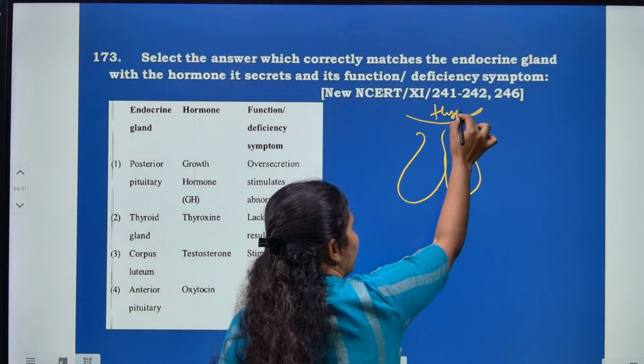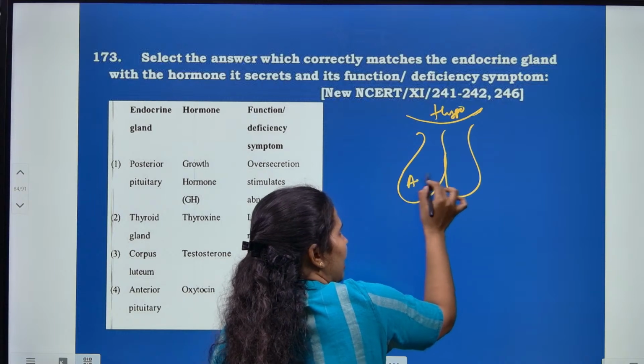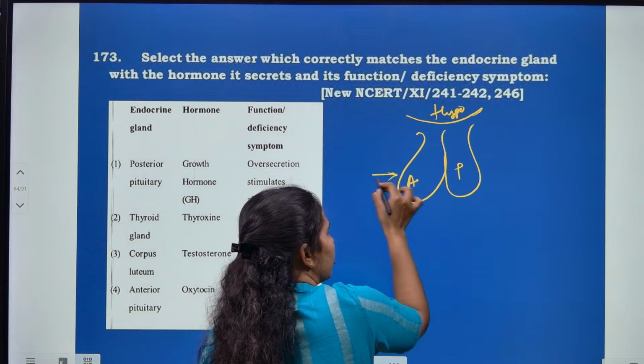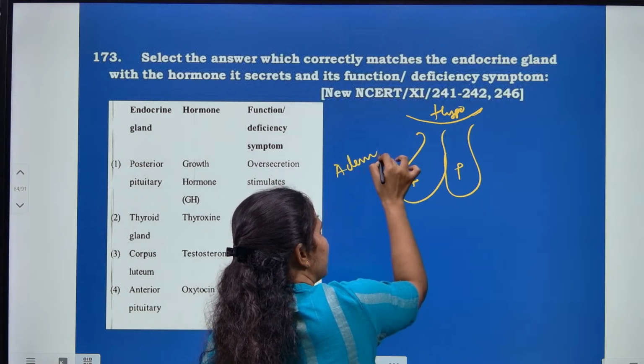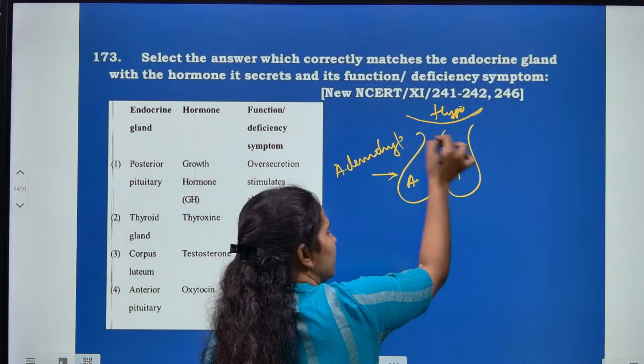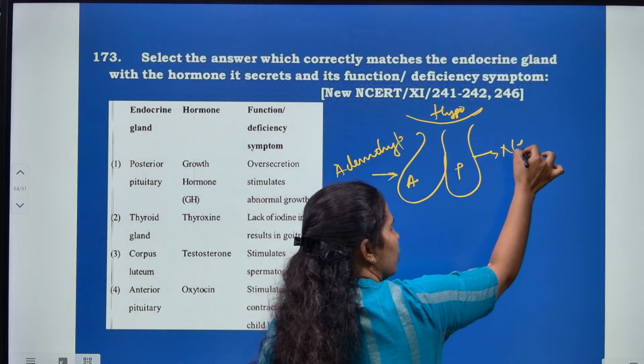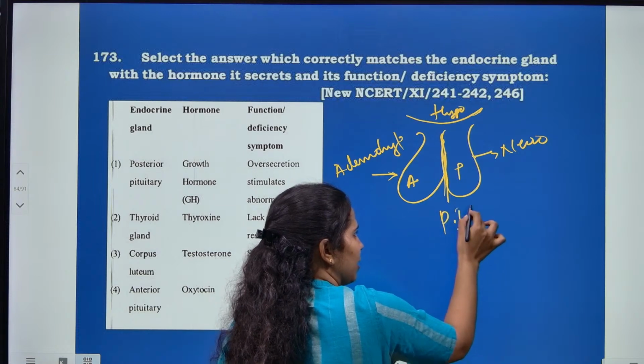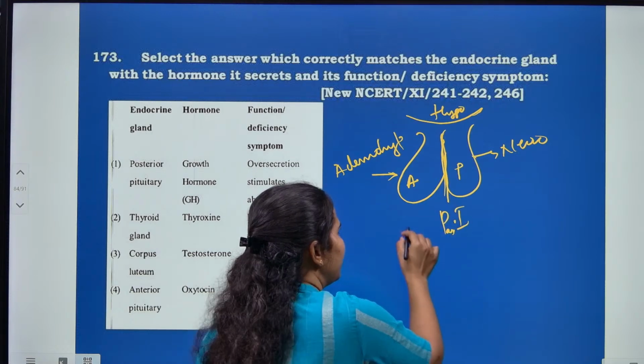This is the anterior pituitary and this is the posterior. The anterior pituitary is also known as adenohypophysis, and the posterior is called neurohypophysis. Between them there is the pars intermedia.